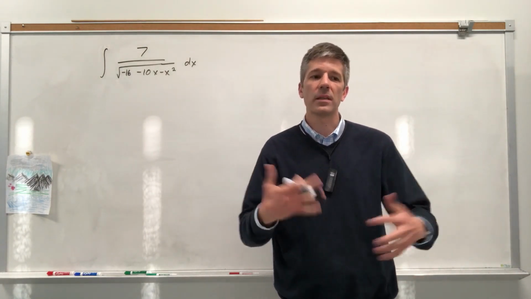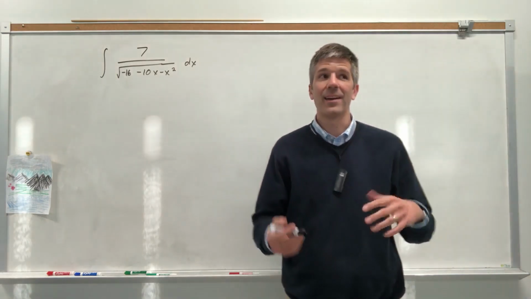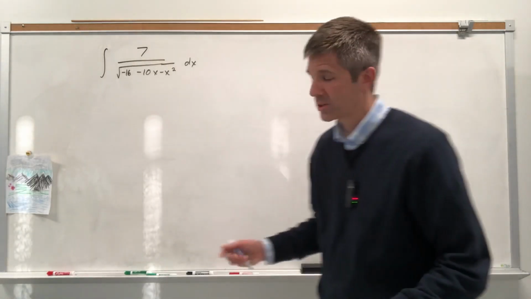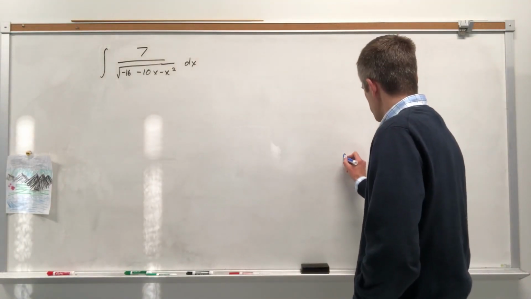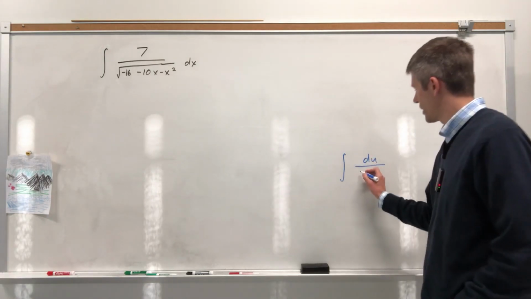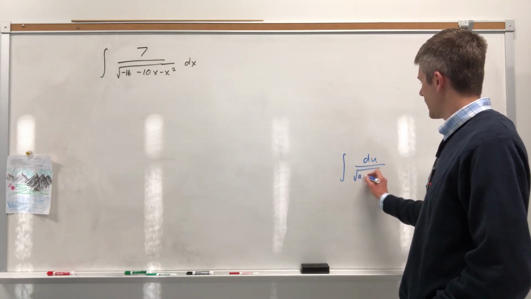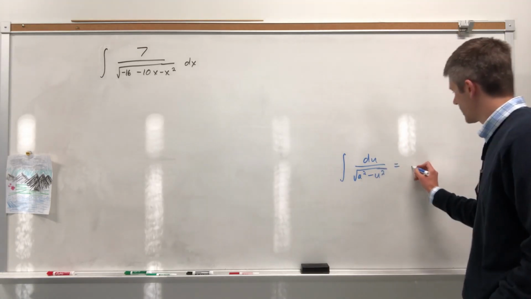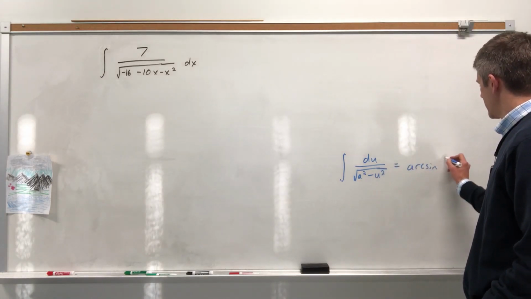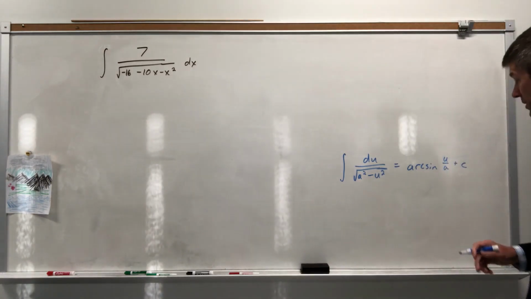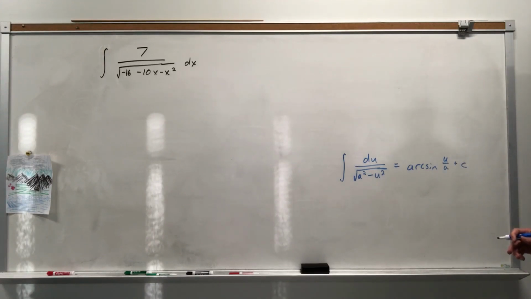To make this a little more chain rulable, the actual format for this, and this goes back to a formula sheet that you have, is the integral of du over the square root of a squared minus u squared equals arcsine of u over a, and then of course plus c. All right, so there's our formula. Let me glance at it for a second and make sure I'm not accidentally lying to you. I am not. We're good.